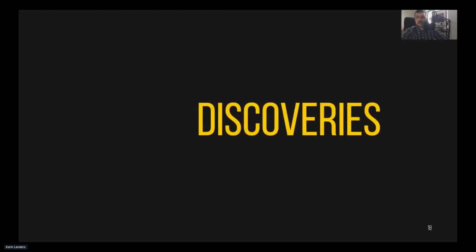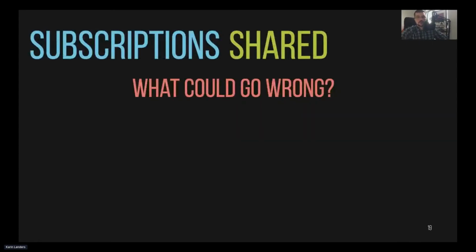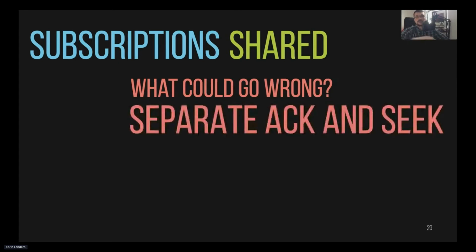What kind of discoveries did we make during the adoption of Pulsar? First of all, subscriptions. Pulsar provides some subscription models, be it shared, exclusive, or per key, as well as a few others. We first started with a shared subscription model and found that actually not everything is that obvious if you use non-standard features not really defined in the documentation, such as separate acknowledgement and seek mechanics.